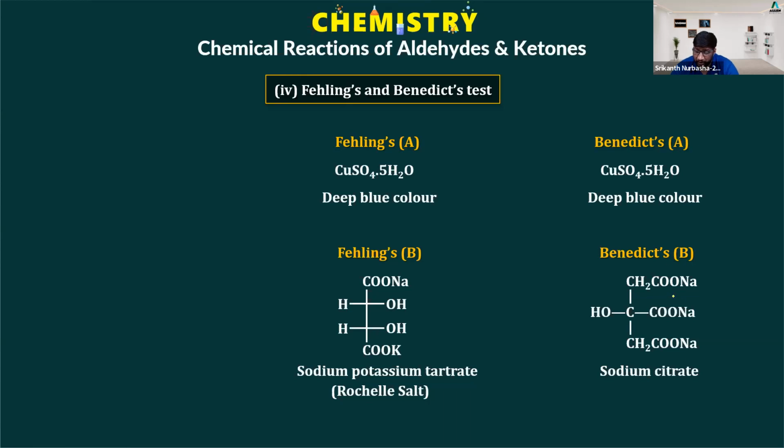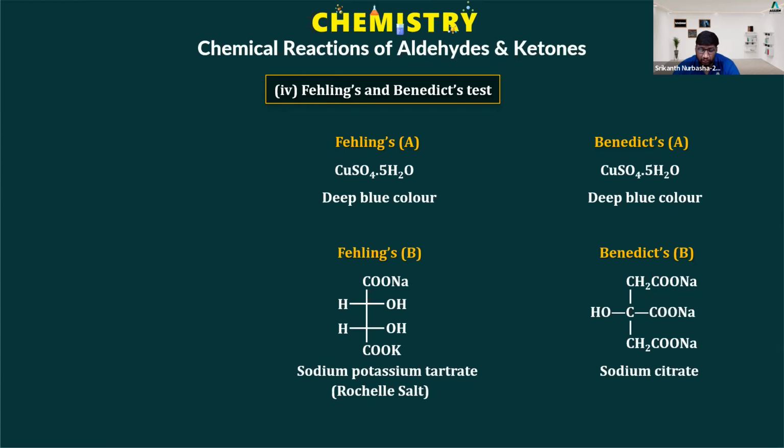Benedict's B is sodium citrate. Only aliphatic aldehydes will react with Fehling's and Benedict's reagent and convert the blue complex to red color, and the red color is due to the formation of Cu2O.